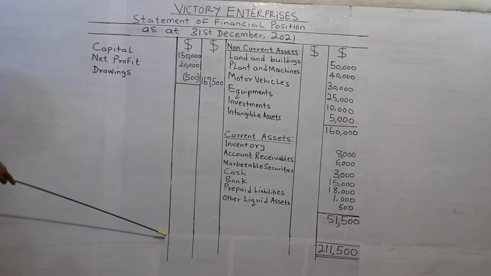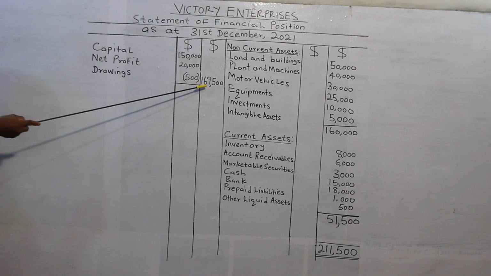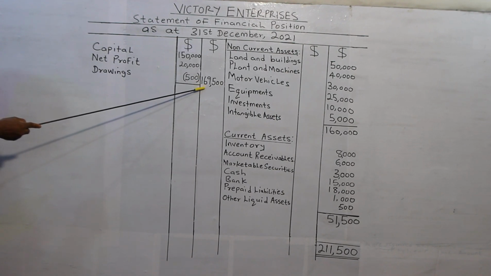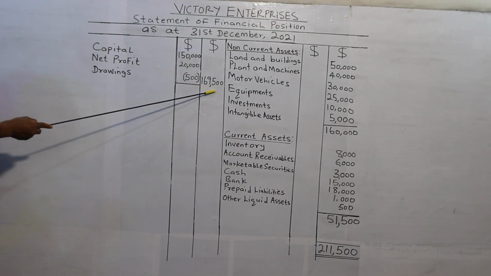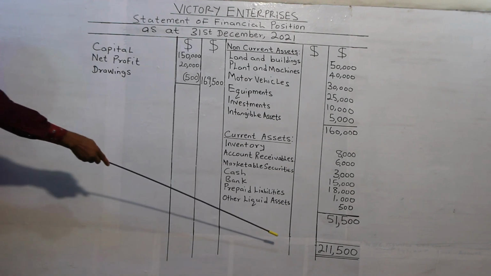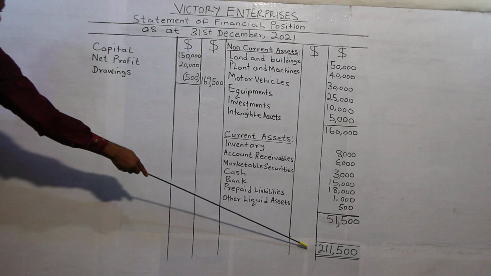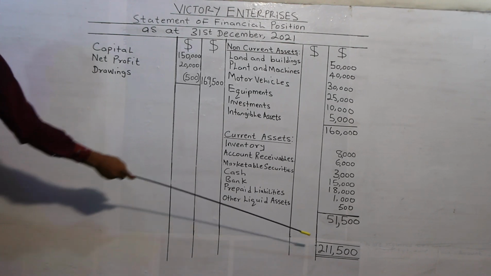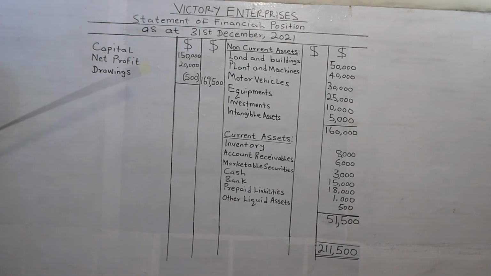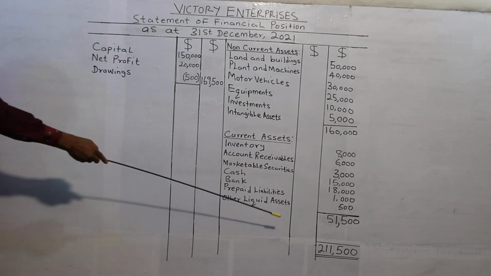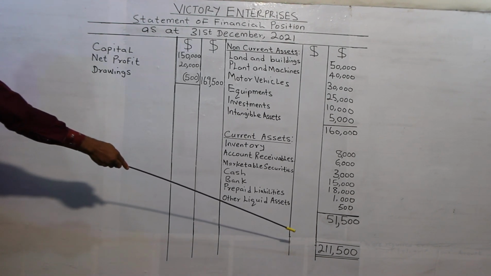On this side, we have been able to show just $169,500 against the total asset of $211,500. The question is, where did they source other money to complete the $211,500?